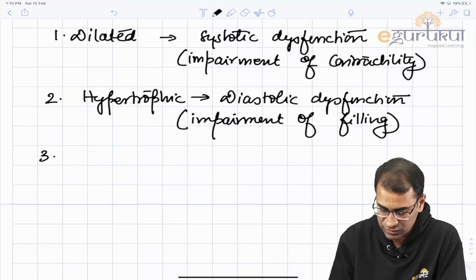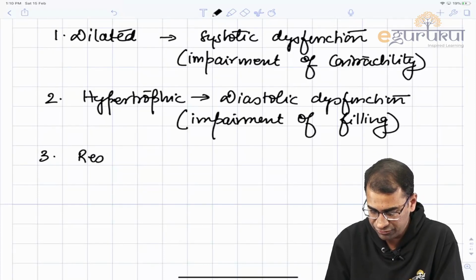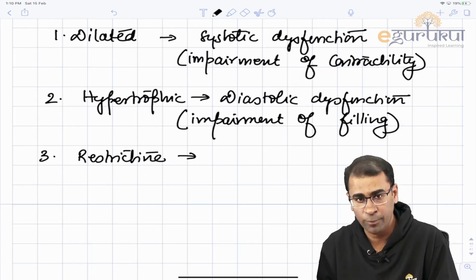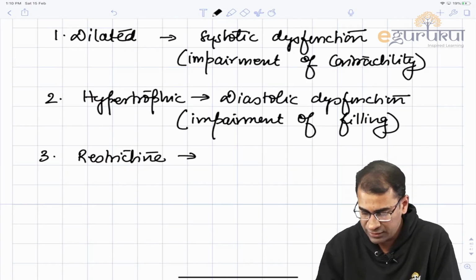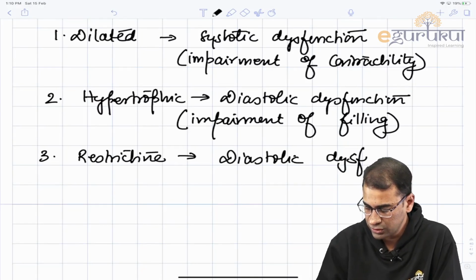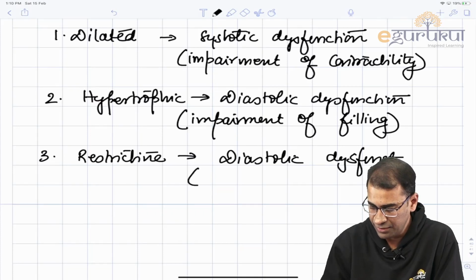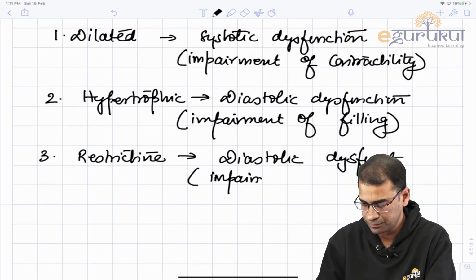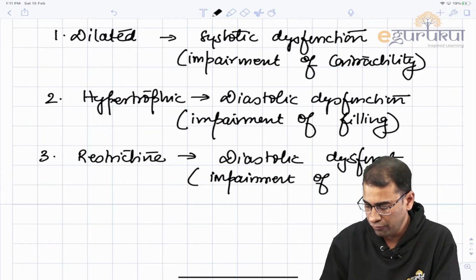And the third one is restrictive cardiomyopathy. In restrictive cardiomyopathy, again there is diastolic dysfunction, exactly the same, and that means there is impairment of filling.